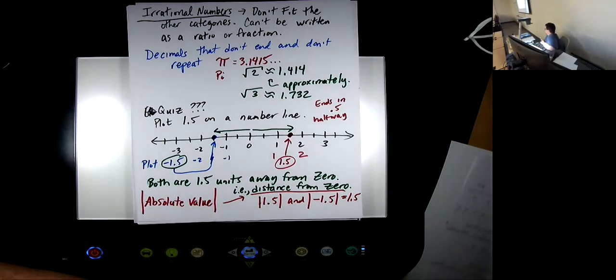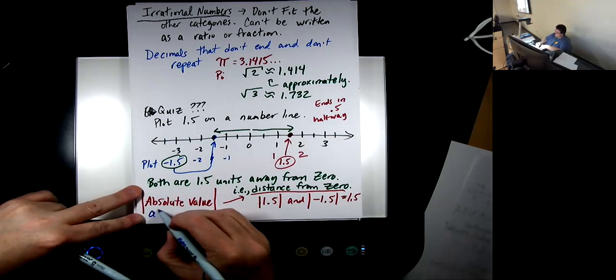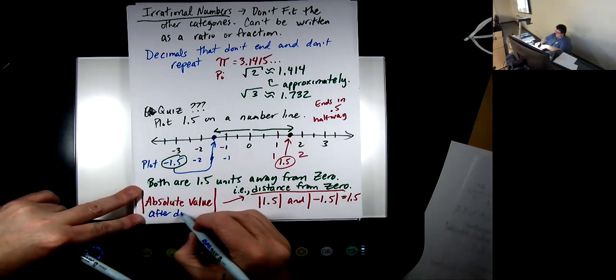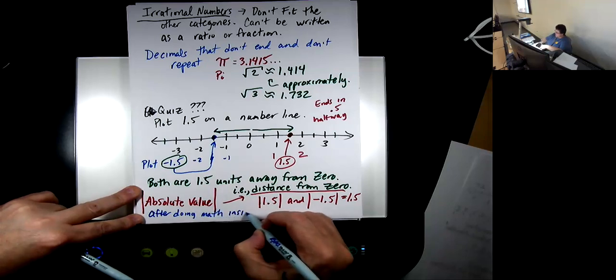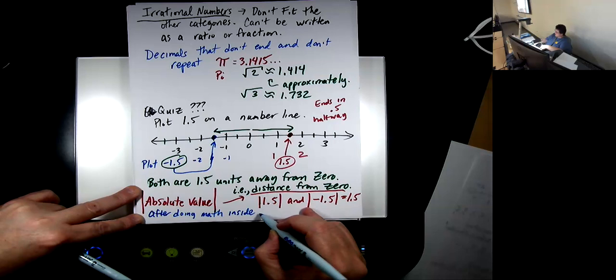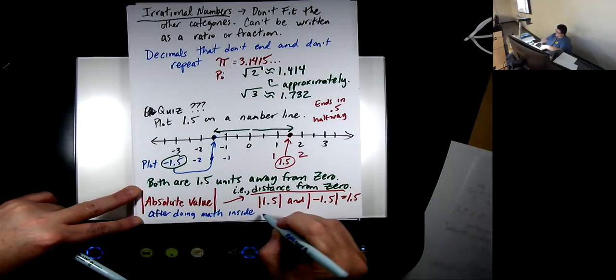The way you're going to use it is if it's negative, just make it positive. That's all it means, after doing the math inside, I should say. If there are some math operations, you gotta do those first. We'll be covering that at some point in this hour. Then make it positive.